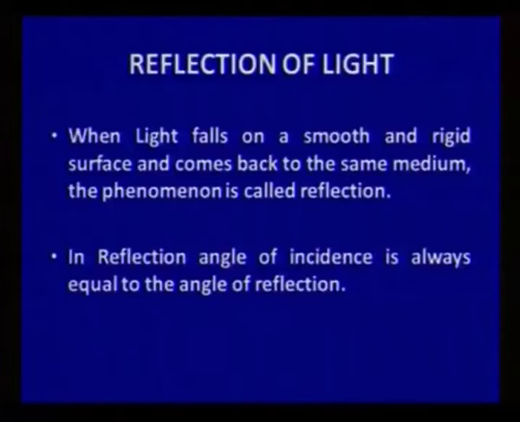Now let us learn something more about reflection. When light falls on a rigid and smooth surface and comes back to the same medium, the phenomenon is called reflection. In reflection, the angle of incidence is always equal to the angle of reflection. Now you can see this reflection in the slide.